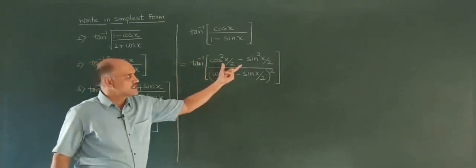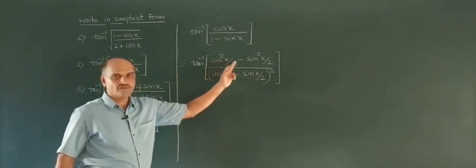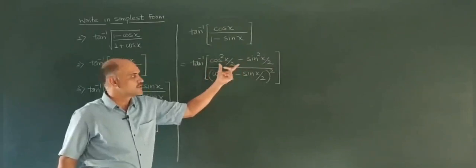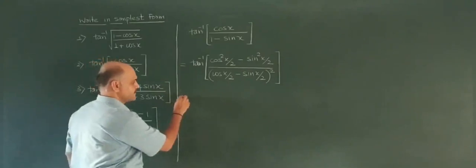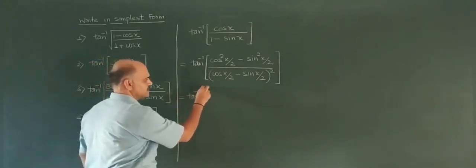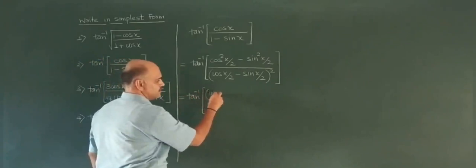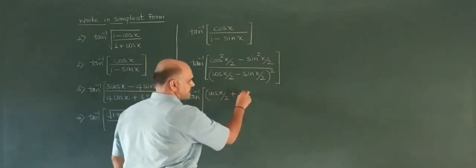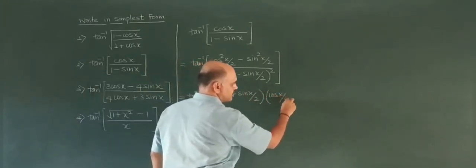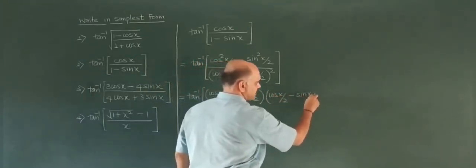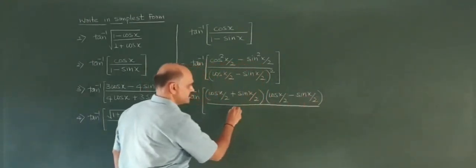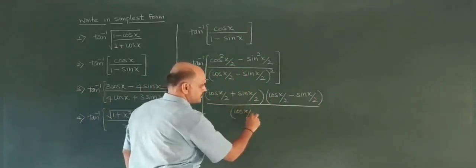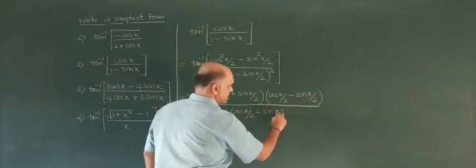Now if you see here, the numerator is in the form of a square minus b square. So you write it as a plus b into a minus b. So this is equal to tan inverse cos x by 2 plus sin x by 2 into another bracket cos x by 2 minus sin x by 2, divided by, denominator you keep as it is, cos x by 2 minus sin x by 2 bracket square.